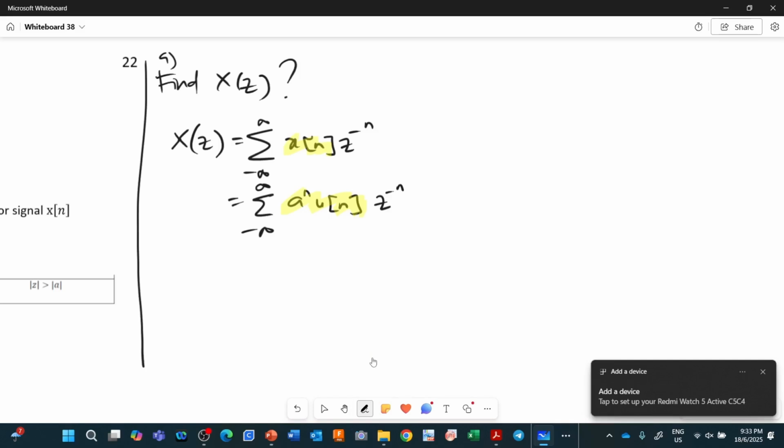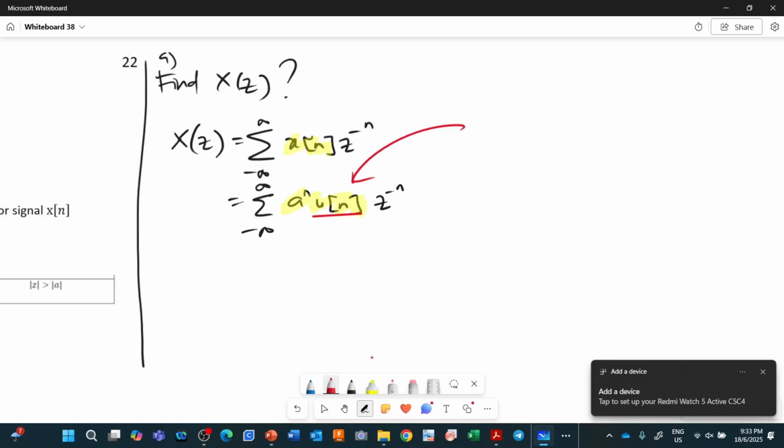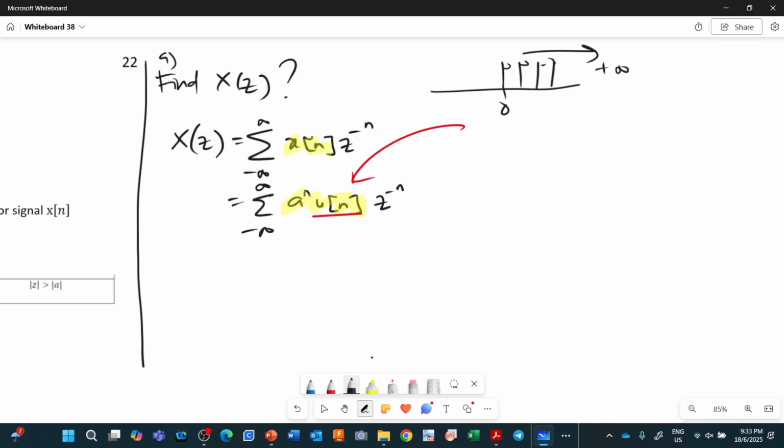Now is the tricky part. You know that the signal itself is a unit step, which is it a right-sided sequence or left-sided? Right-sided, right? Because a unit step starts from 0 and goes to the right part only. So basically you have the summation from 0 to plus infinity.